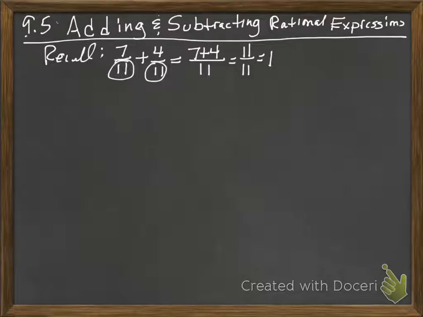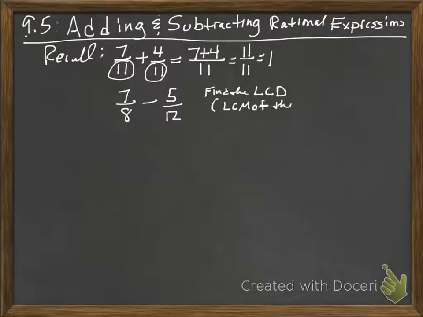Now, what's not so easy is if I give you a problem like, let's say it was 7/8, and you were trying to subtract 5/12 from that. Now here we're in trouble because the 8 and the 12 are not the same. So what you have to do in cases like that is find the least common denominator, which is really just finding the least common multiple of the denominators.